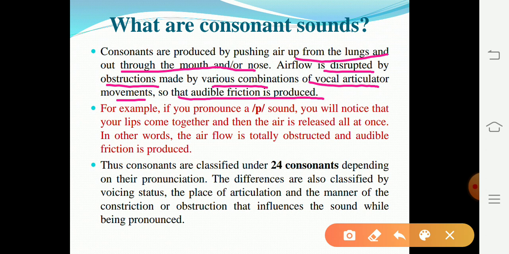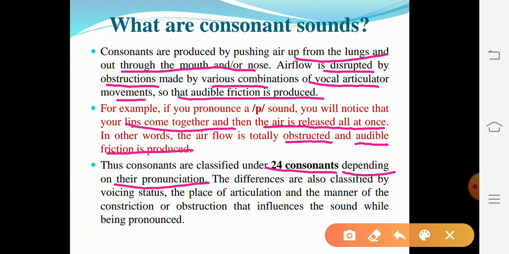If you pronounce a P sound, you will notice that your lips come together. You can feel it, you can experiment it yourself, and the air is released all at once. In other words, the airflow is totally obstructed, and after that we can hear audible friction. Thus, consonants are classified under 24 consonants depending on their pronunciation.